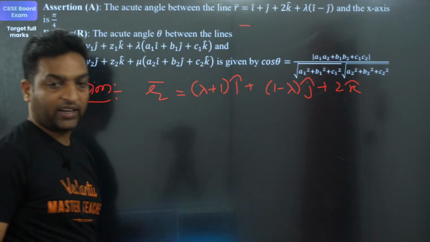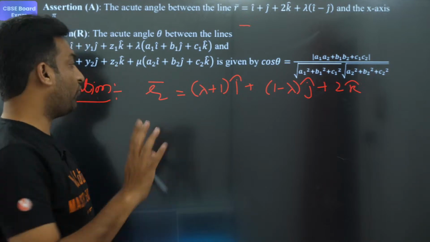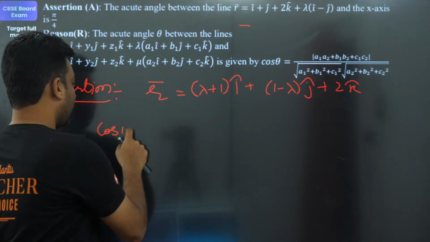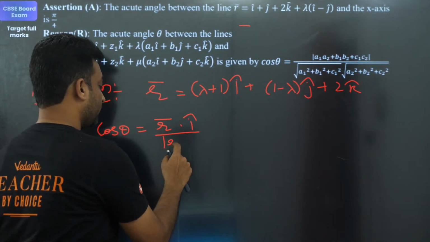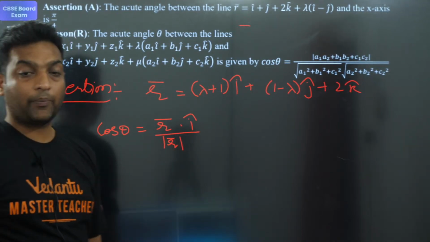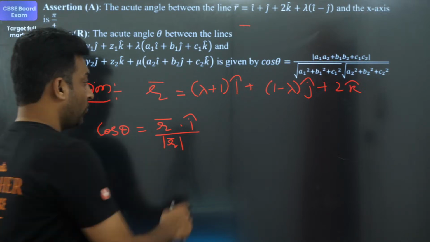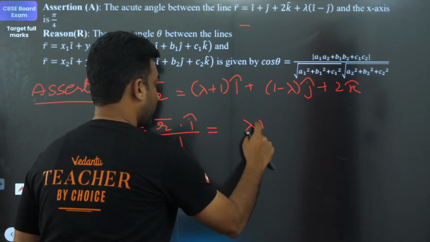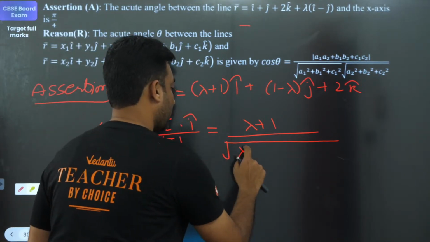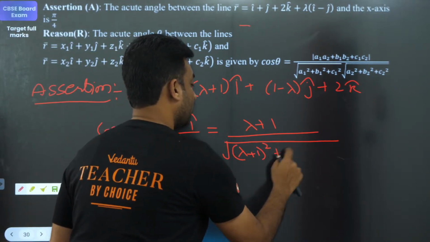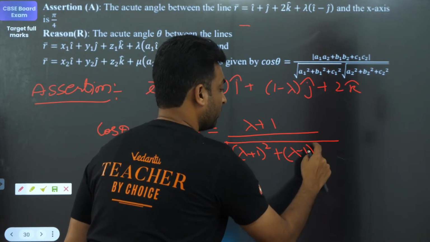Sorry, write r properly. Now find angle. Cos theta is r dot i upon mod r. What is r dot i? Lambda plus 1. What is mod r? Under root of lambda plus 1 whole square plus lambda minus 1 whole square plus 4.